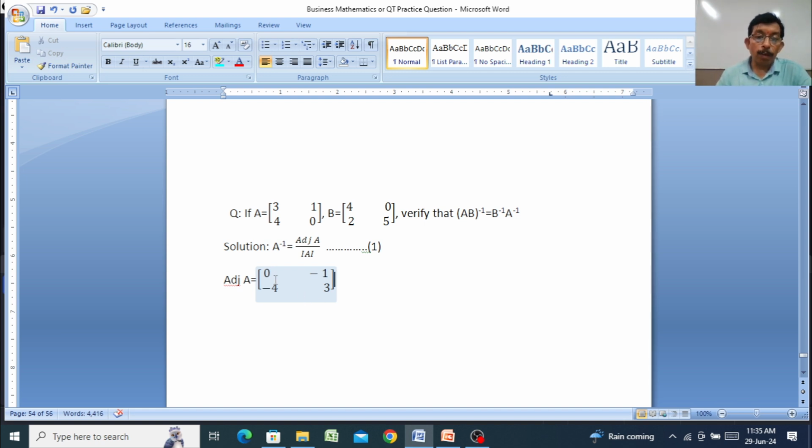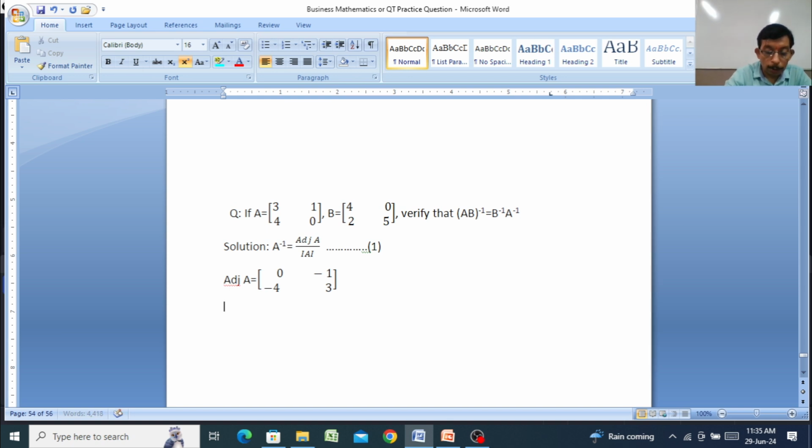Now we find the value of A inverse. Now we find the determinant value.